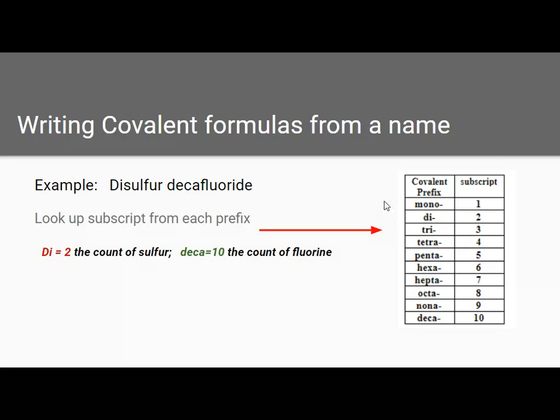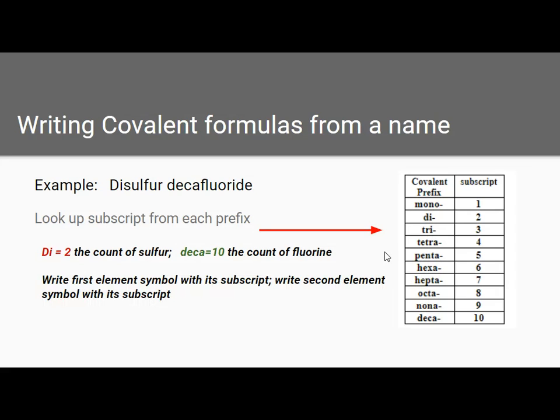Okay, there's no ion crisscross in a covalent compound. There's no crisscrossing whatsoever because there are no ions. So when you write the formula for this compound, the prefix literally indicates the count of the element that it is prefixing. The ultimate formula you would write for disulfur decafluoride is the element symbol first with its subscript, and then the second element symbol with its subscript.